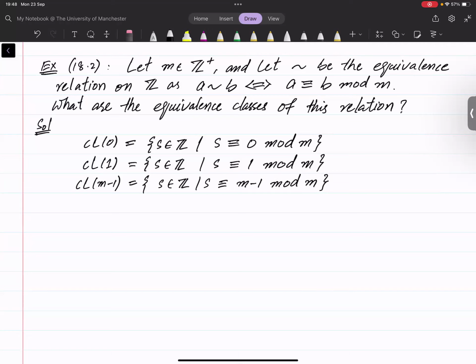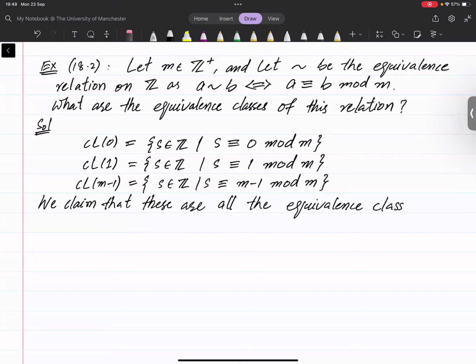Okay, so we claim that these are all the equivalence classes.